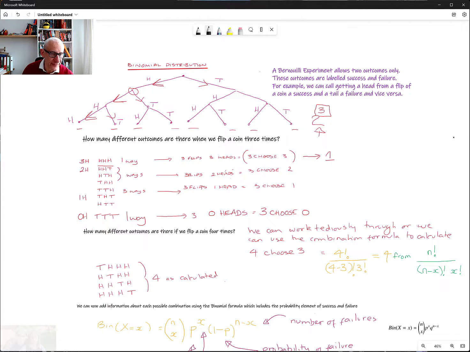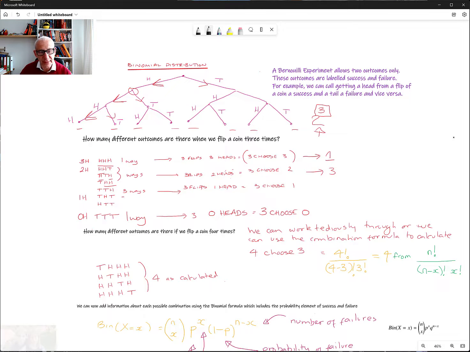If I say I'm going to flip a coin 3 times and I only want to choose 2 heads, we can very quickly see that there are a total of 3 ways of doing that, getting 2 heads in the mix. That's 3 flips, 2 heads, 3 choose 2. And there are 3 possibilities. The other one, instead of having 2 heads, we can have just 1 head, or in fact 2 tails, which is just the flip side of that.